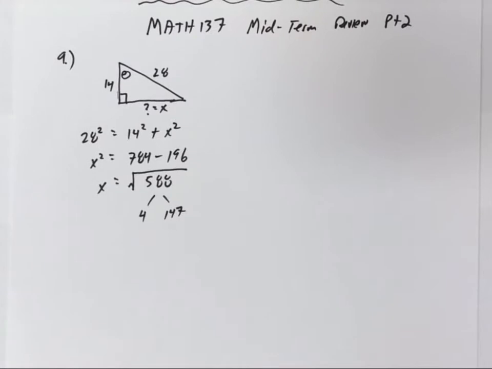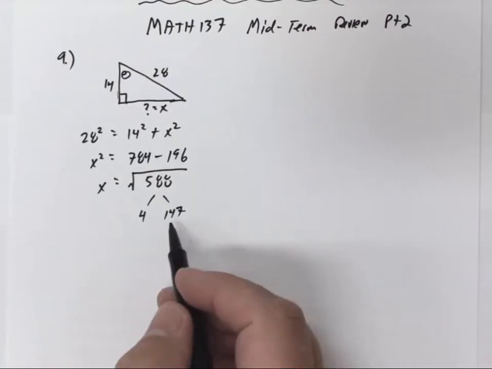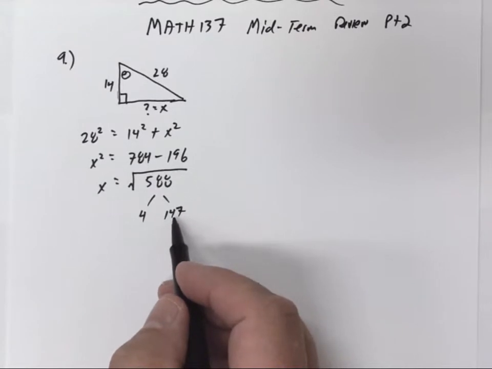Nope. How about 16? Nope. How about 36? Nope. One more. Nope. All right. Maybe 147.